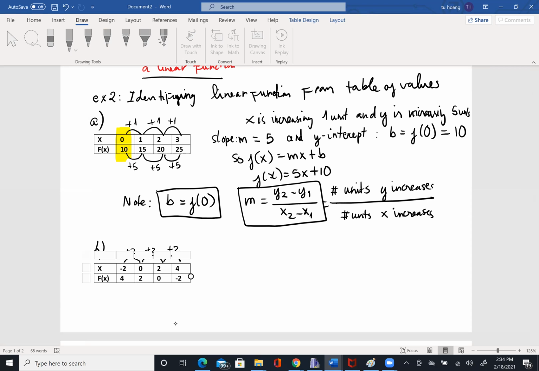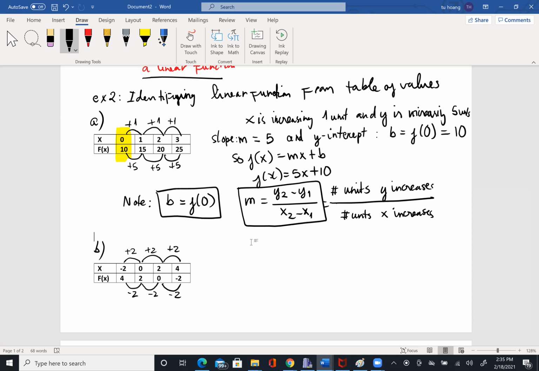It's going to be adding -2 each time we move to the next f of x. So each time x is increasing 2 units, y is decreasing 2 units.